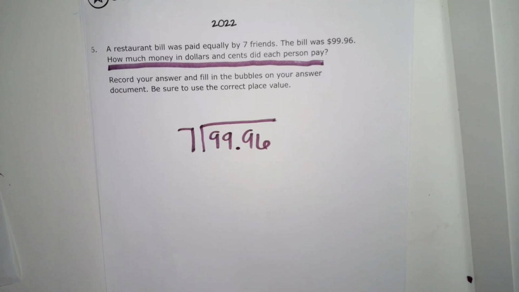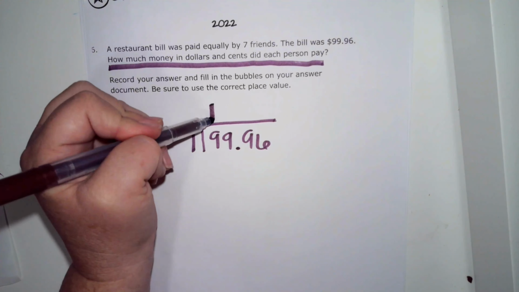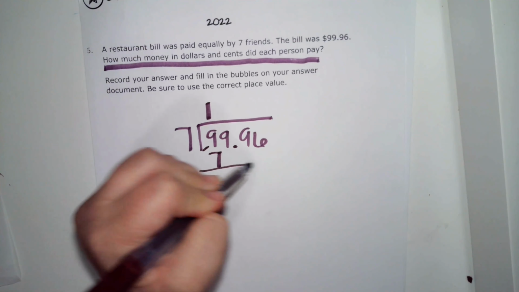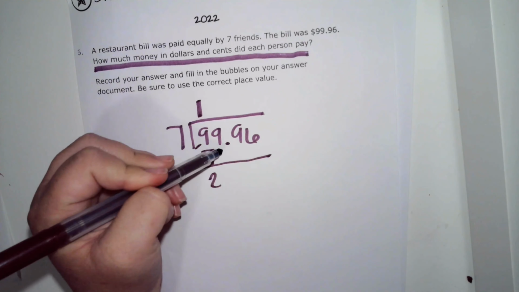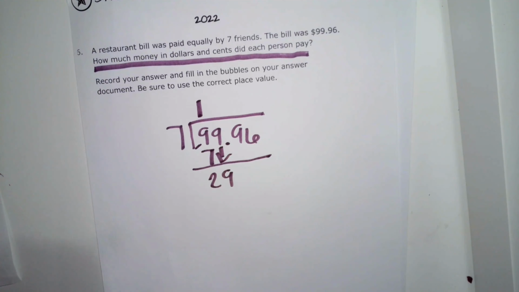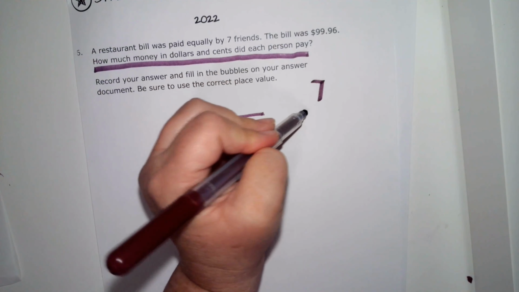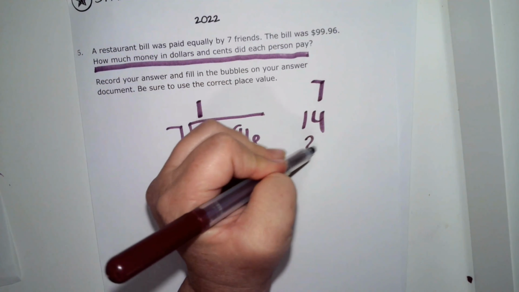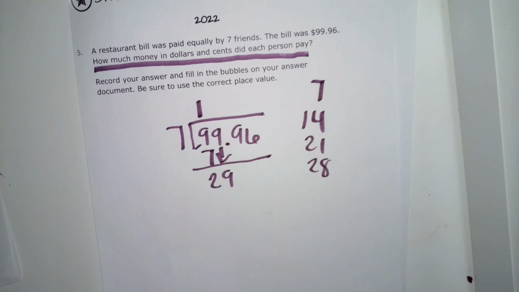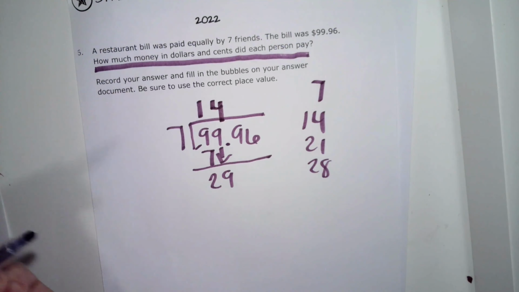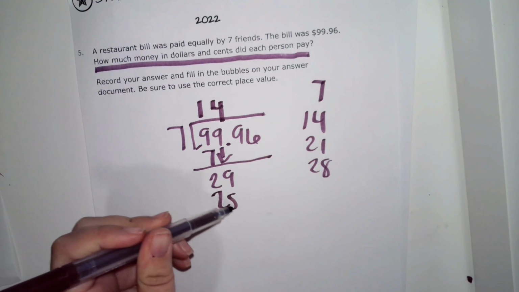Let's jump right in. 7 goes into 9 one time. 1 times 7 is 7. 9 minus 7 is 2. Bring my 9 down. If I count by 7s, I have 7, 14, 21, 28. Whoop, stop. How many times? 1, 2, 3, 4 times. 4 times 7 is 28.